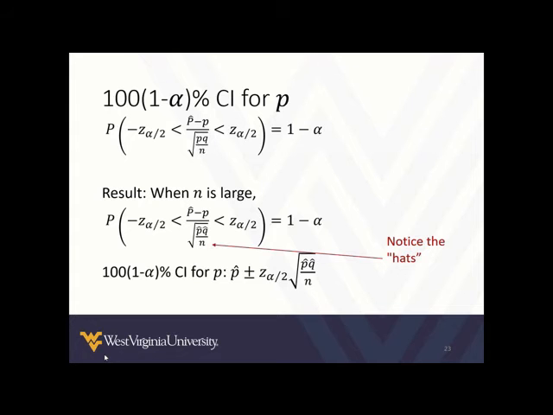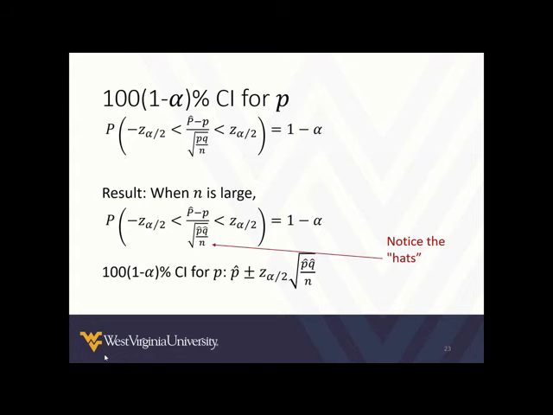Now, when the n is large, which we know is when we have at least 5 successes and 5 failures, it is appropriate to use p hat and q hat because, well, we don't actually know the true value of p.